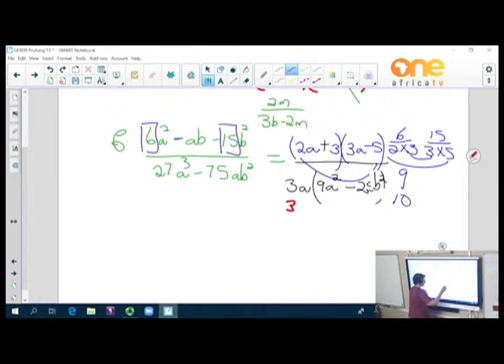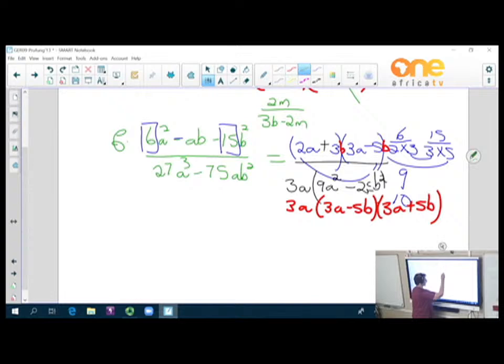So I also have here 3a minus 5b, and then 3a plus 5b. So I can even factorize this one further. And there should be a b. And here should be a b. Sorry, I missed that out.